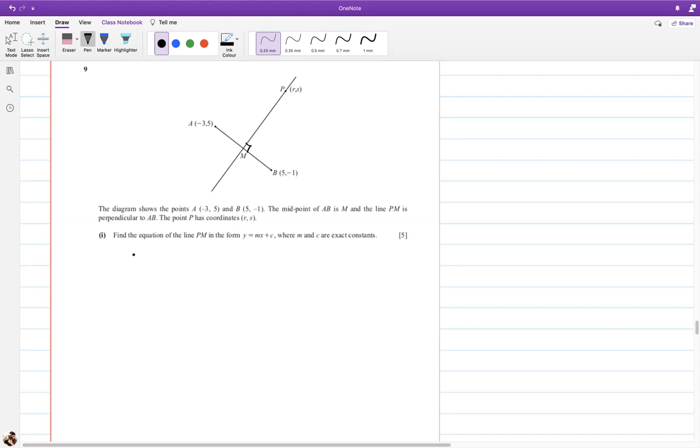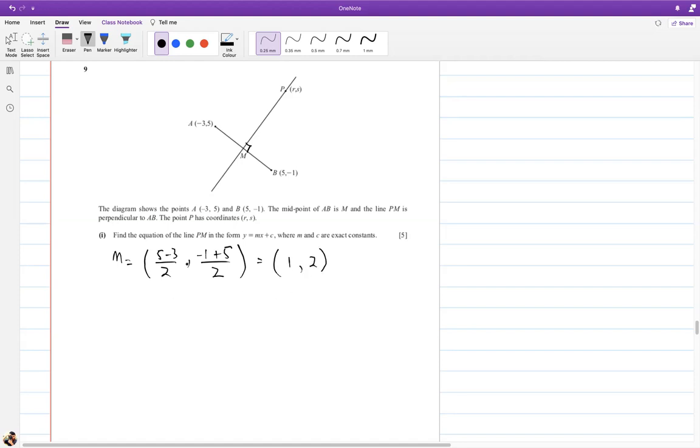So let's find a point on the line. Remember, for any line, we need the gradient, and we also need the point. So for this one, let's try to figure out the midpoint first. So M is going to be 5 minus 3 over 2 and minus 1 plus 5 over 2. Midpoint basically. So this becomes 1 and this becomes 2.